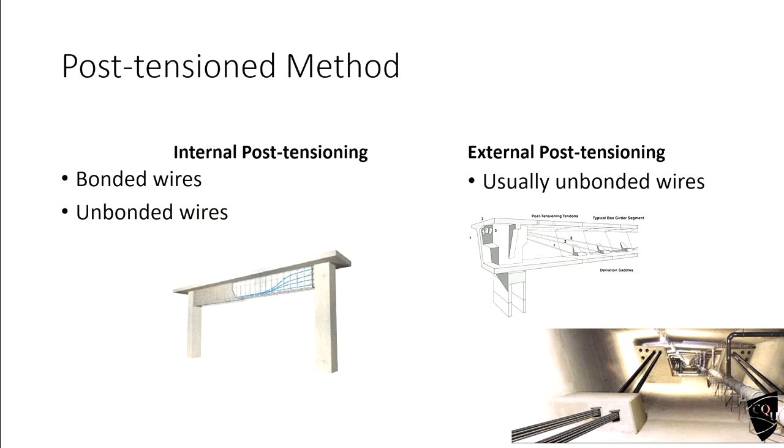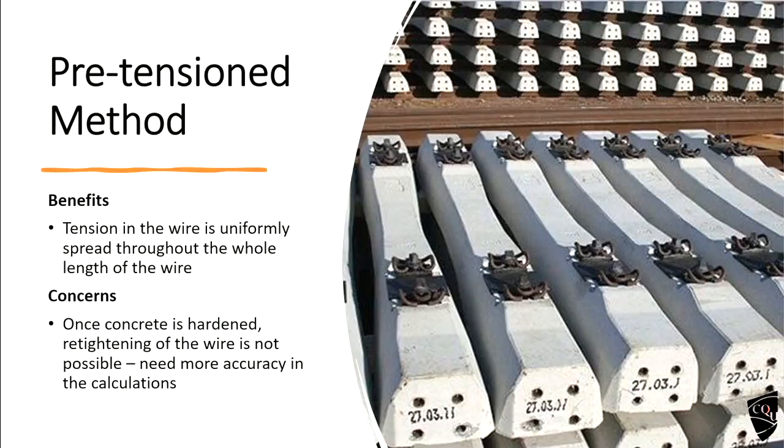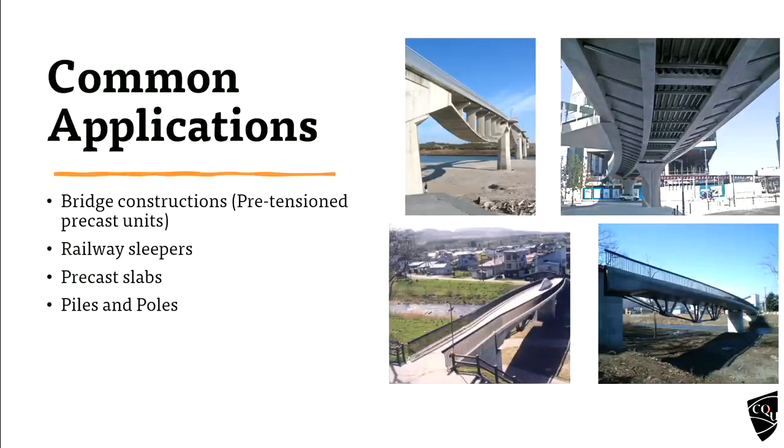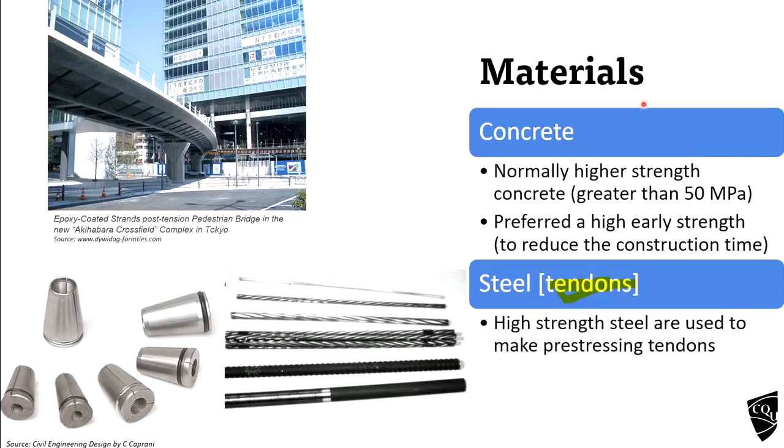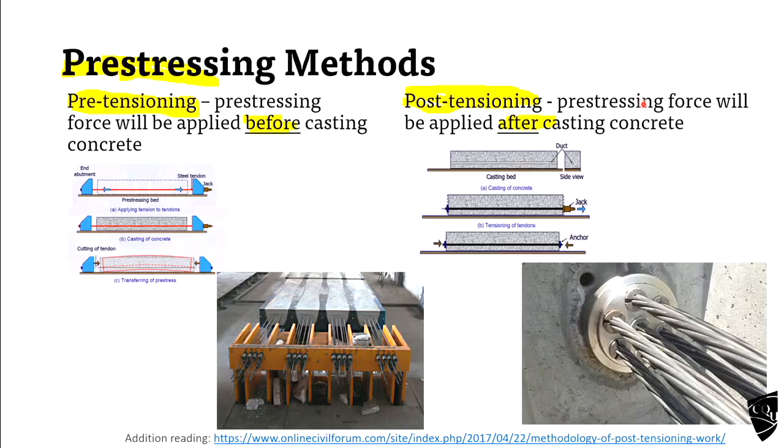Okay, one of the things is I explained the epoxy coated steel that was used in the Akibara bridge earlier. So now you can see these bridges. This is the external post-tension Parisian bridge, and this is also an external post-tensioned one. You should be able to see all of these have epoxy coat.